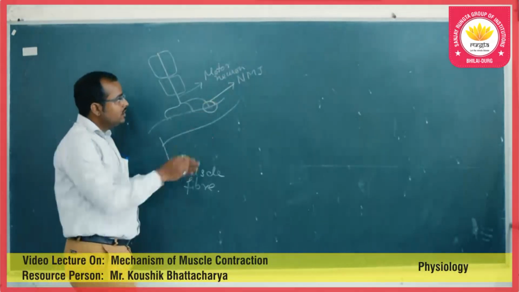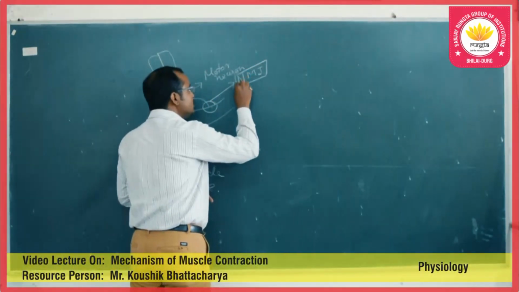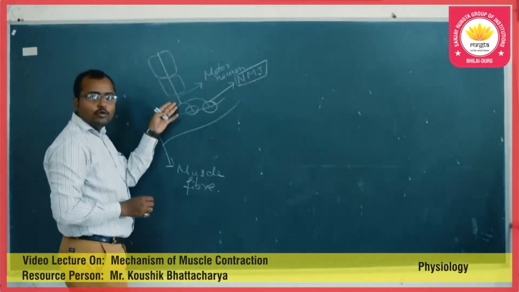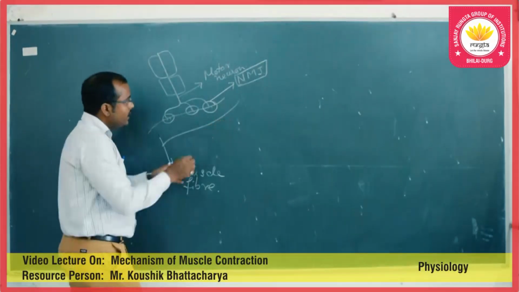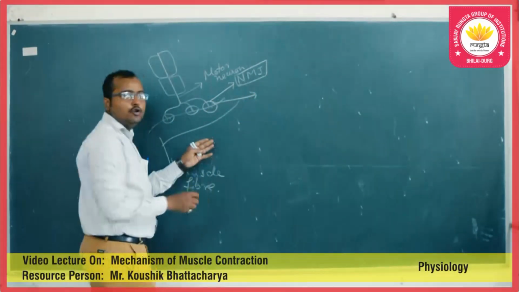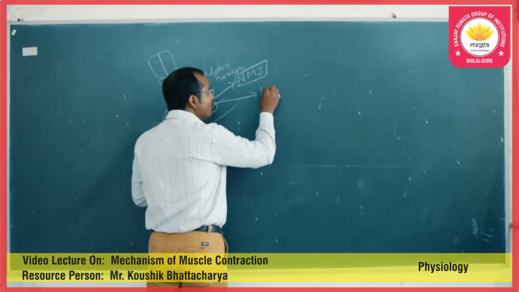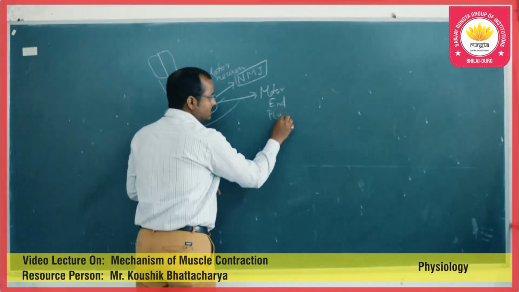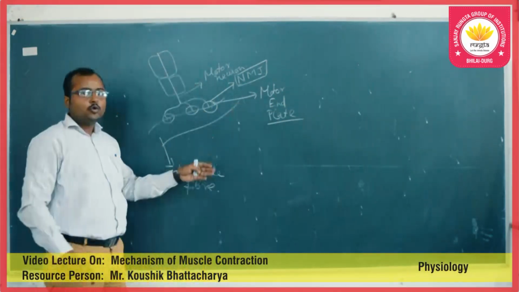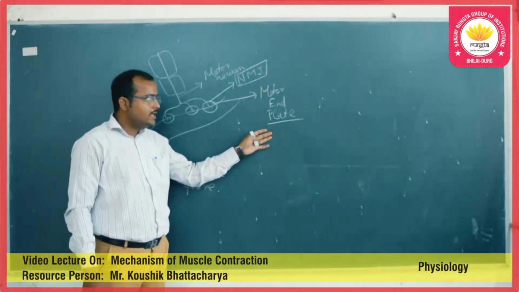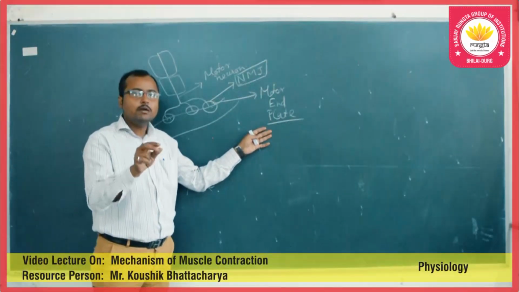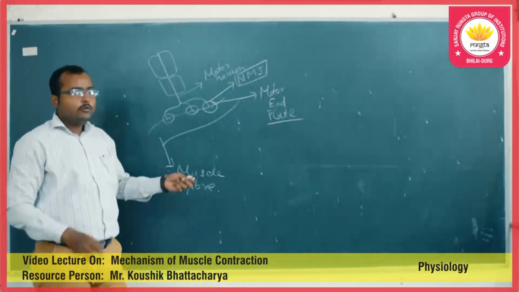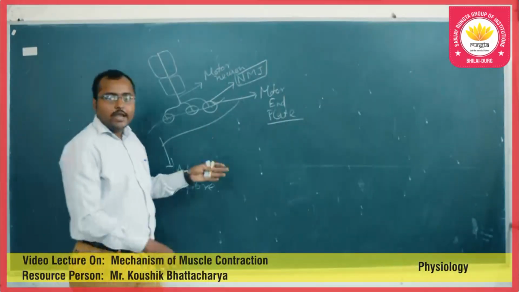These neuromuscular junctions are everywhere in between the junction of this motor neuron and the muscle fiber, and each area of neuromuscular junction will be known as the motor end plate. So what is the motor end plate? The motor end plate is the specific area where the NMJ, the neuromuscular junction, will be produced, right?